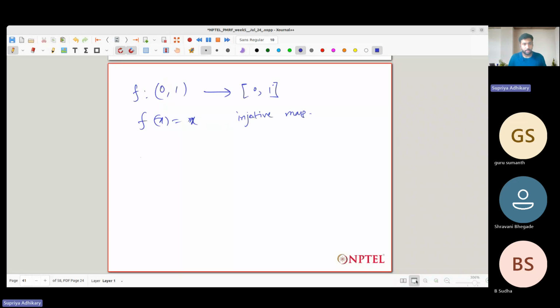Now, what about this map G from [0, 1] to (0, 1)? For this map, we have something like this. We have 0 over here and 1 over here, and we can find a line like this.